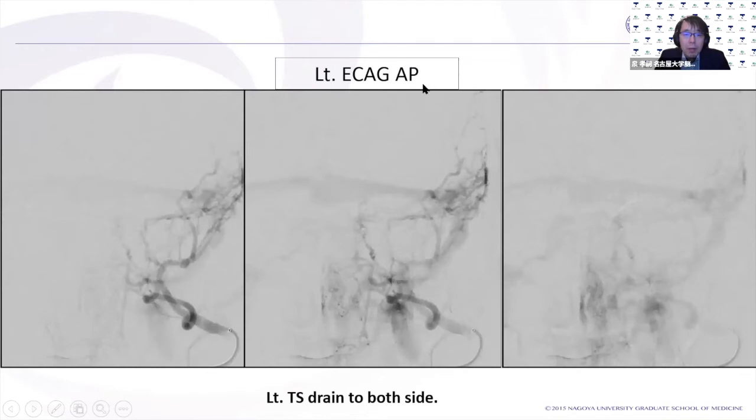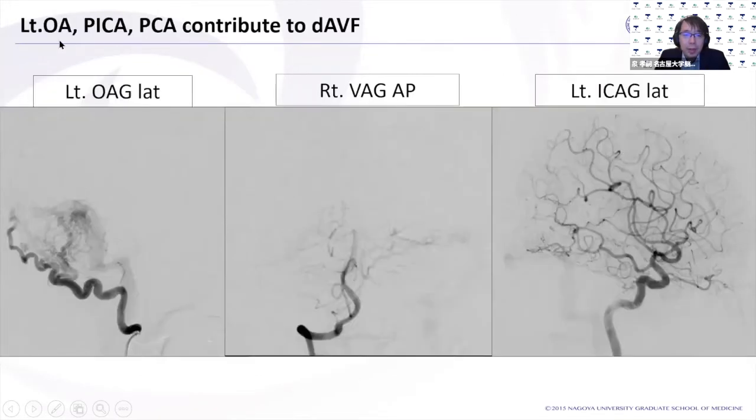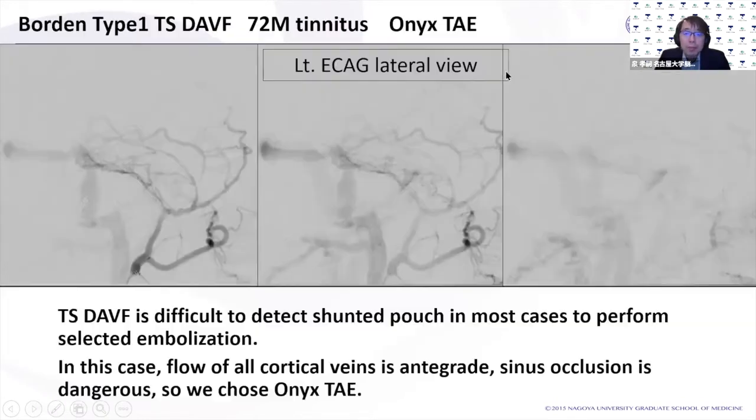Here is the AP view. Left transverse sinus shunt flow drains to both sides. Left OA, PICA and PCA contribute to the DAVF.